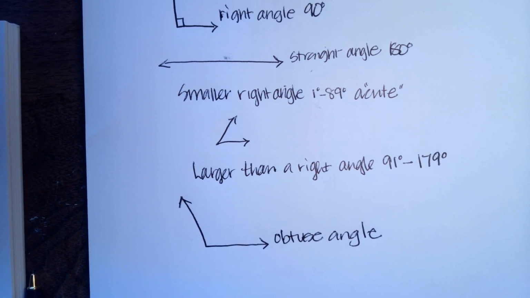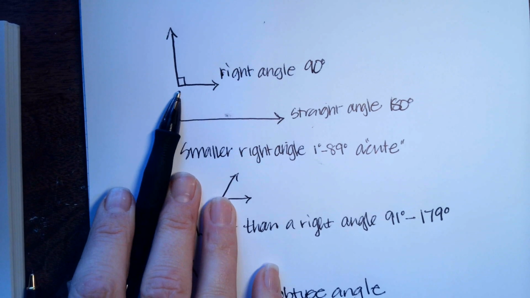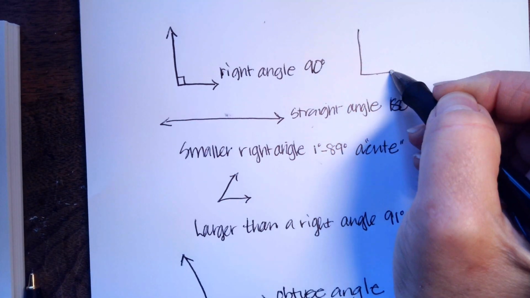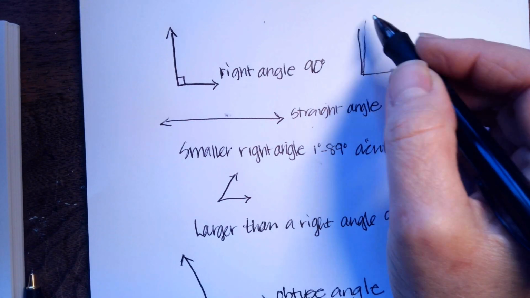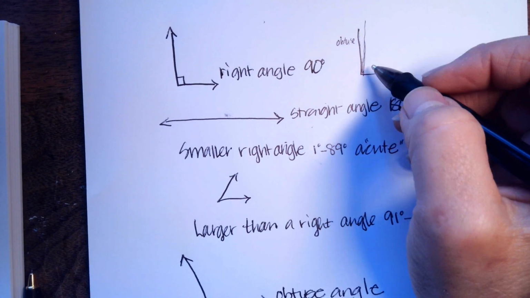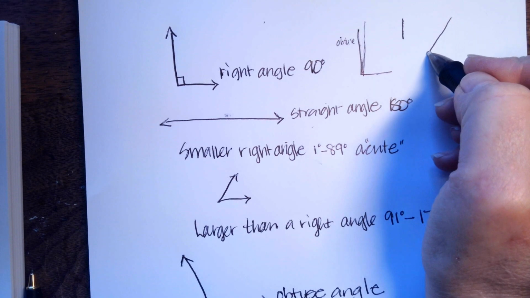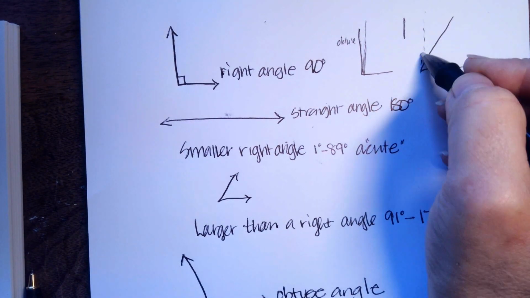So a right angle is an L shape. It's only an L shape. So if it was like this, see how this isn't exactly straight up and down? This would be an obtuse angle. And if it was just a little bit, here would be my obtuse.